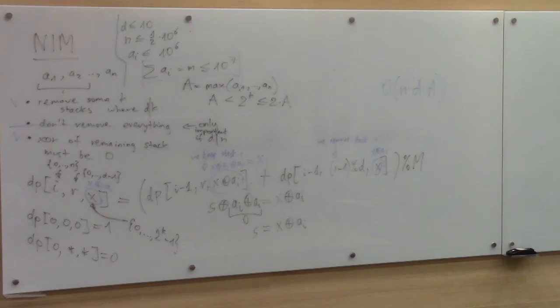We can use this information, because if we are considering the stacks from 1 to I, the XOR which can result from these stacks is not bounded by the maximal value of all of the stacks, but only by the maximal value of the stacks from 1 to I.